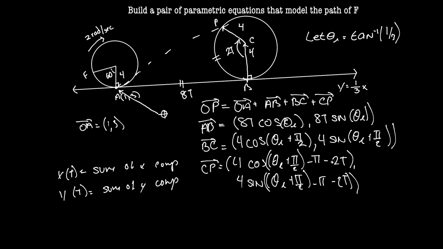So right here, in order to model F, I'd say we can simply put minus pi over 3 minus 2t. And that would graph its movement. Hopefully that makes sense, just because it's opposite 60 degrees. And this would model the path of F. So just one simple modification to get it there.